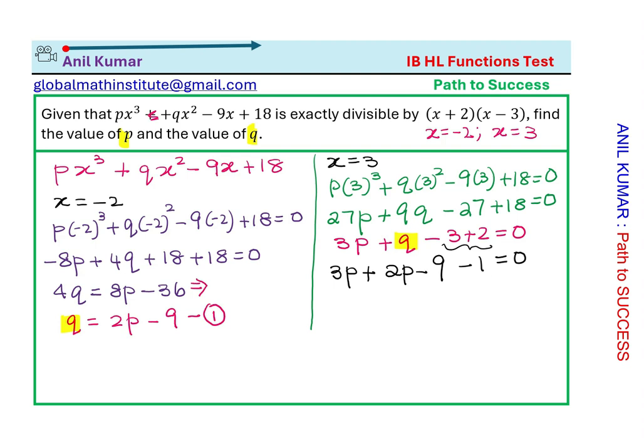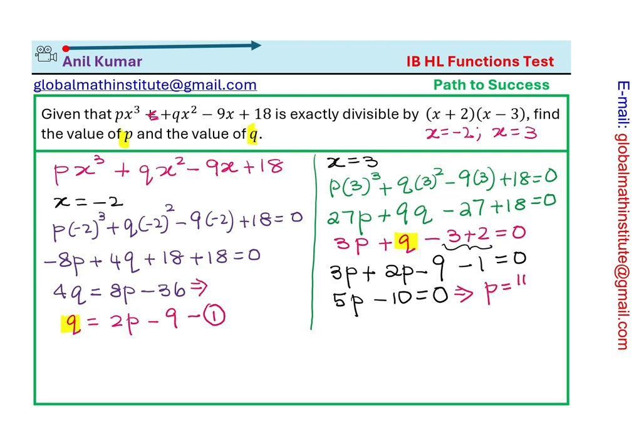Makes sense. So 3p plus 2p is 5p. 5p minus 10 equals to 0, and that gives you the value of p, right? P equals to 10 over 5, which is 2. So we get the value of p. So we got one of the answers. Great. And the other one?